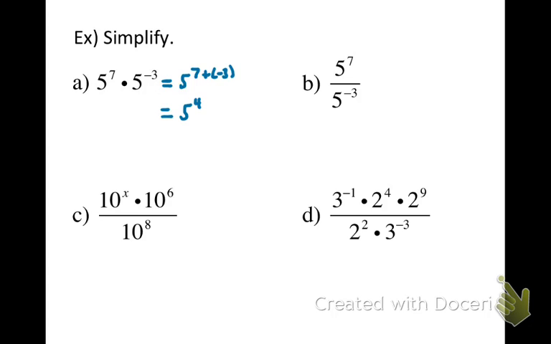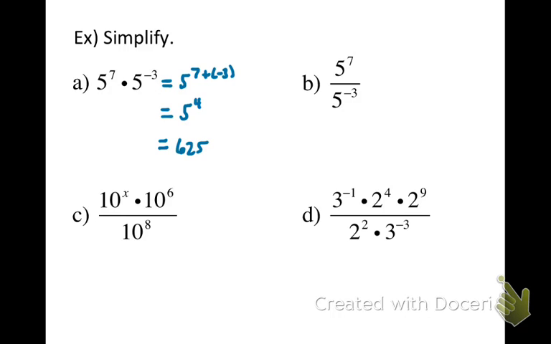Right now I'm focusing mostly on you being able to apply the properties of powers, but it's good if you're able to simplify some powers of real numbers. 5 to the 4th power: 5 times 5 is 25, times 5 is 125, times another 5 is 625. That would be the simplest form for that expression.